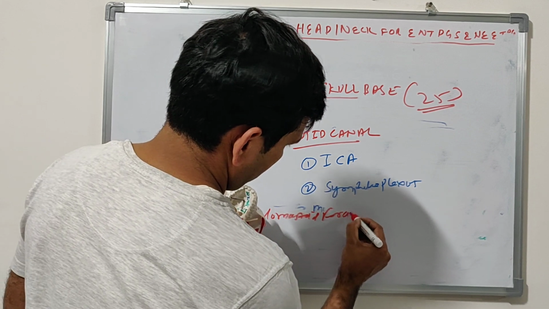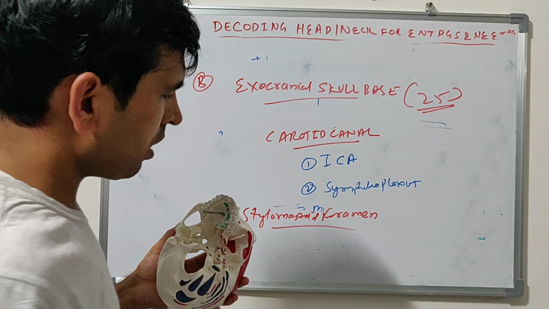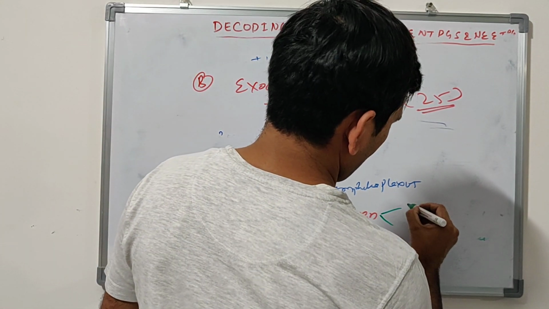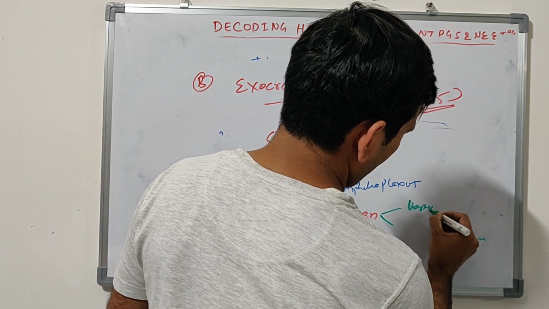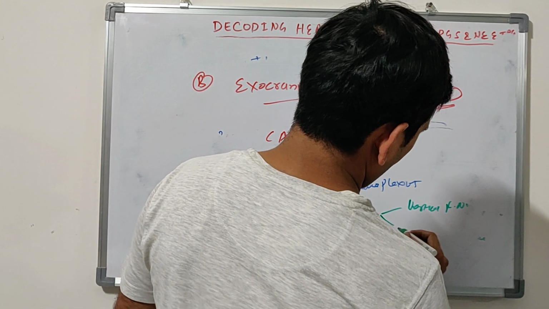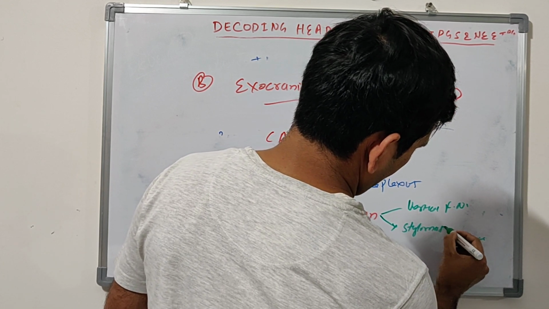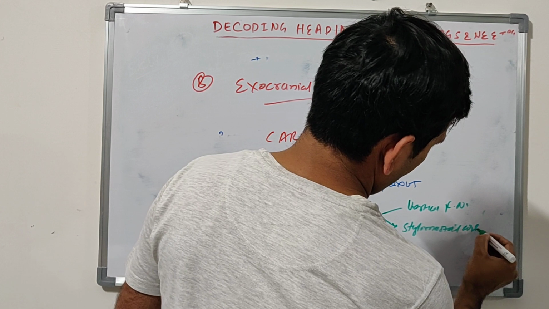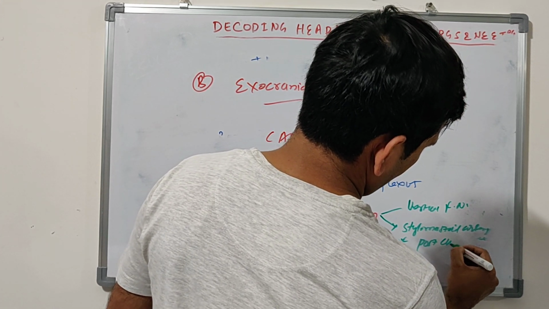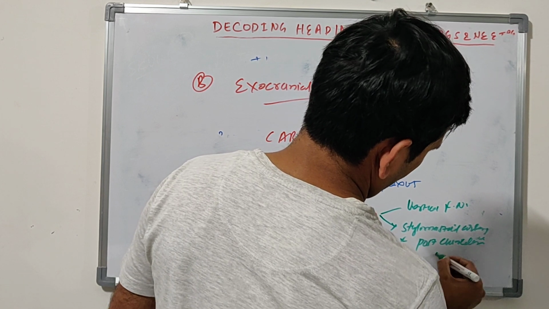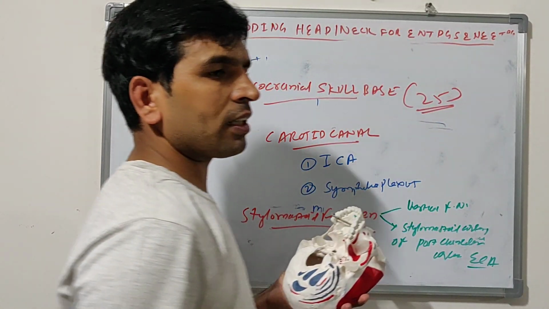The structures passing through this foramen are the vertical part of the facial nerve and the stylomastoid artery, a branch of the posterior auricular artery, ultimately a branch of the external carotid artery.